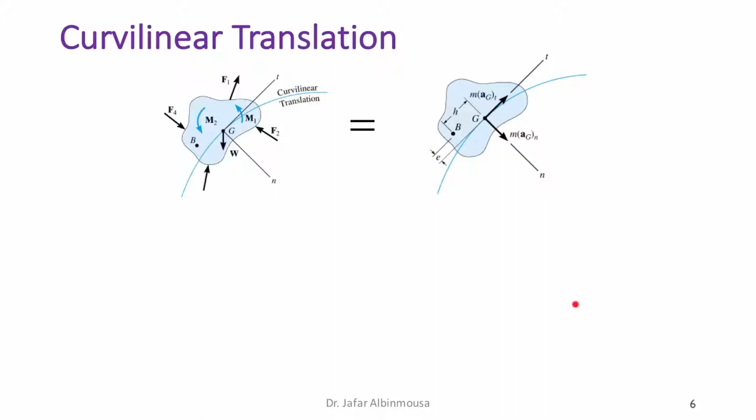And as you see, if we are considering point P, point B has a perpendicular distance, an offset, from the tangential acceleration, and it has an offset h from the normal acceleration.